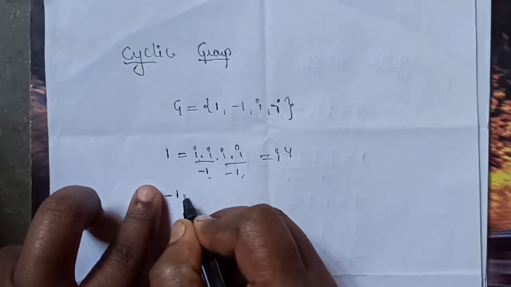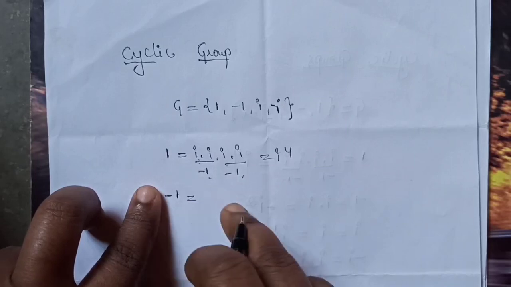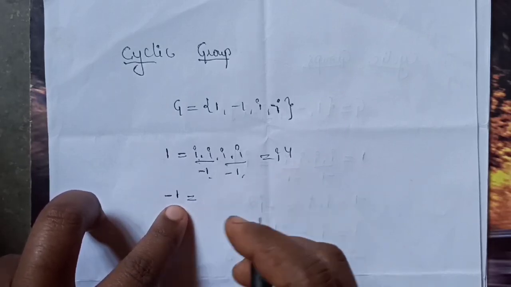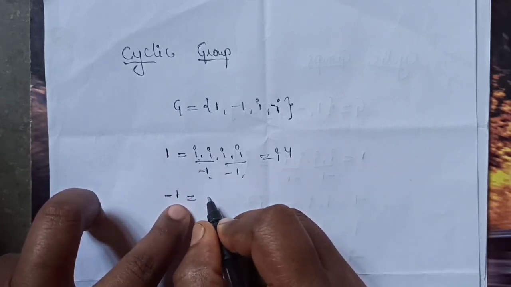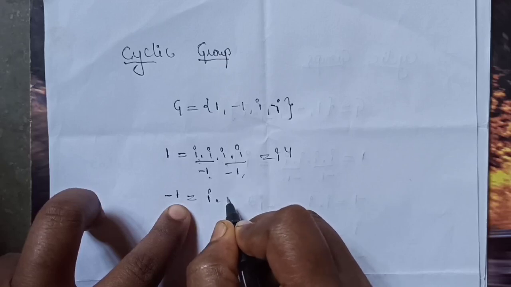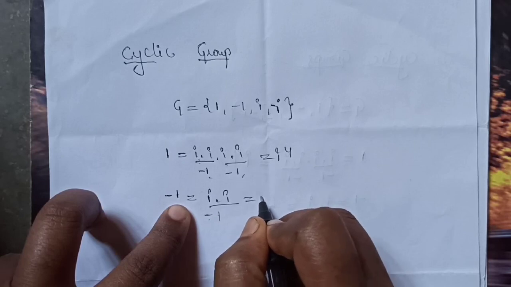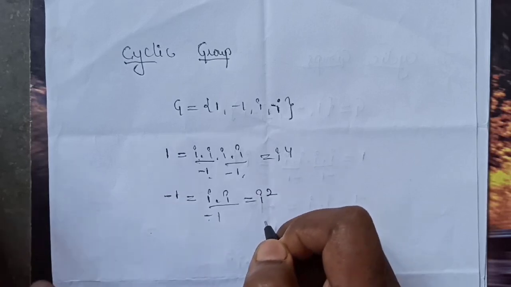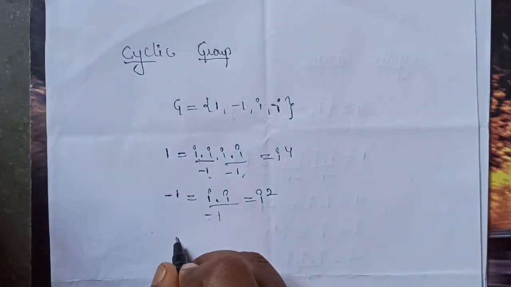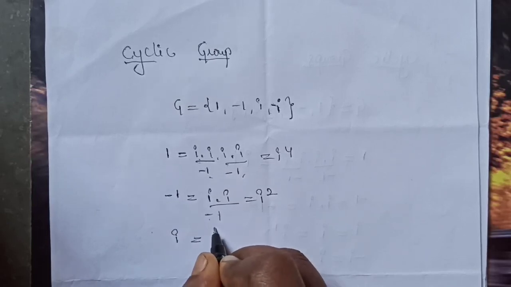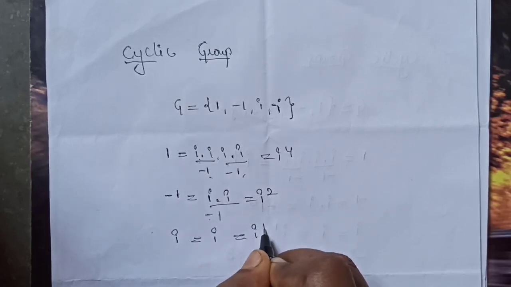Similarly, -1 must also be written in the form of i only. So -1 can be written as i into i, which is i square. Next, i can be written as simply i, which is i power 1.